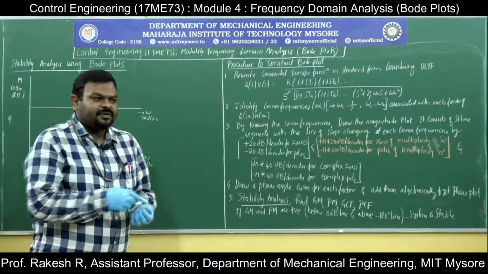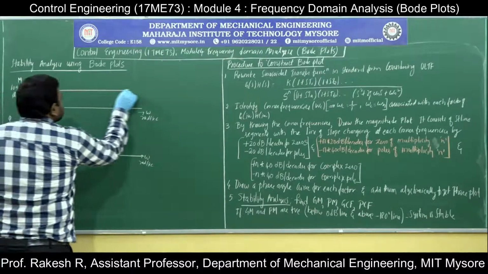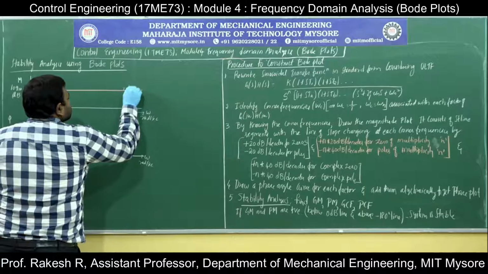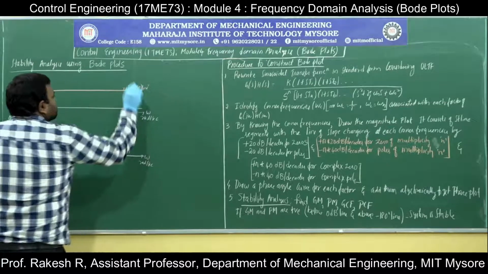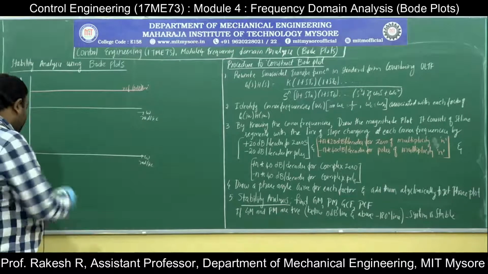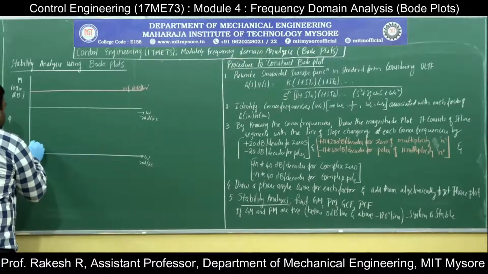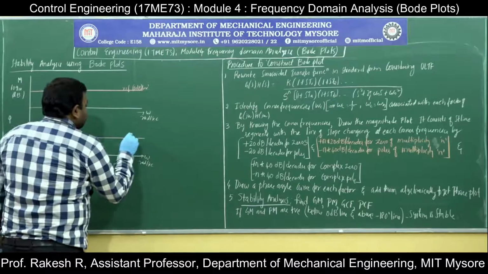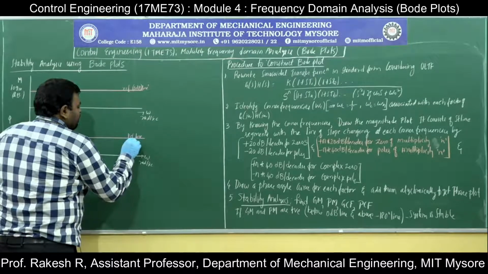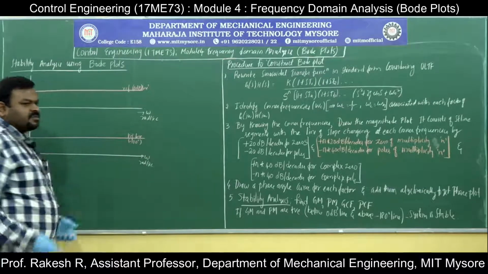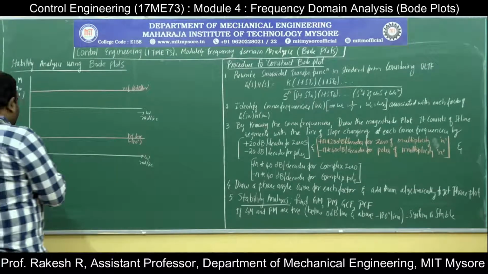Usually in the magnitude plot there will be a reference line that we take for analysis. This reference is called the 0 decibel line. Similarly, for the phase angle plot, the reference line will be the minus 180 degree line.